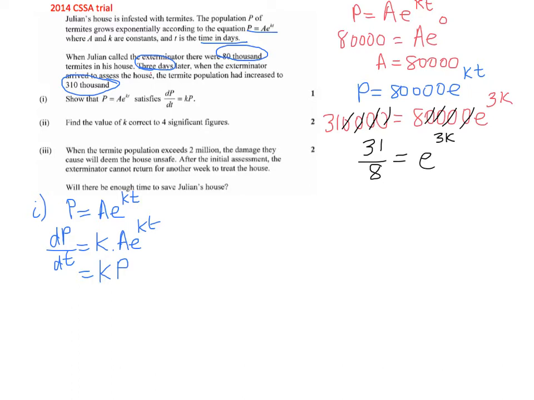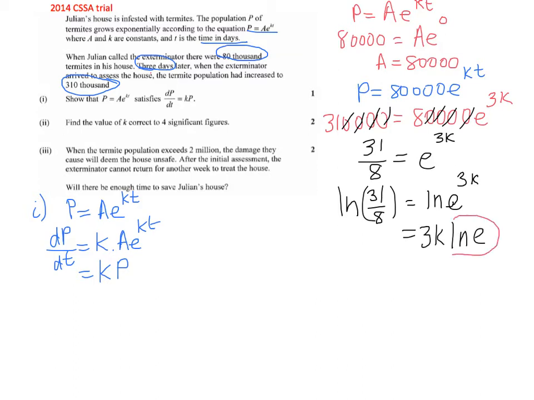Taking log base e of both sides, on the right hand side, when you take log of e to the 3k, using your log laws, you can bring this power down the front. So 3k log of e, and you know that log base e of e is just 1, so 3k times 1, which is 3k. So solving this equation, log of 31/8 equals 3k. Remember, we're trying to find k.